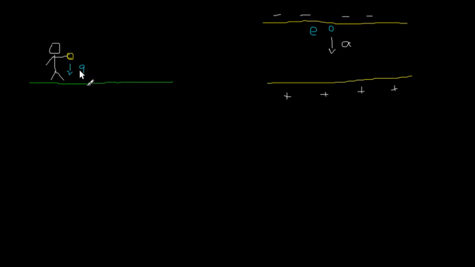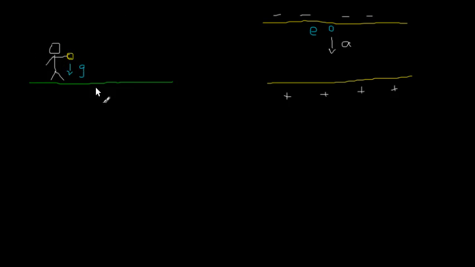Now there are similarities between the gravitational field here and the electric field here. Both fields are uniform fields, in the sense that for gravity near the surface of the Earth, the weight of the objects is the same whether you're here or there or higher up, as long as it's not so high that it's in outer space.